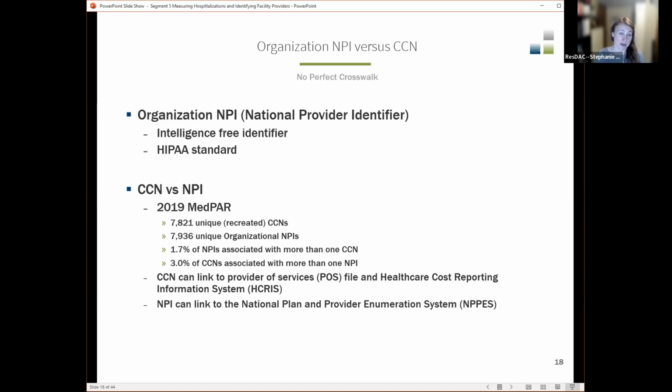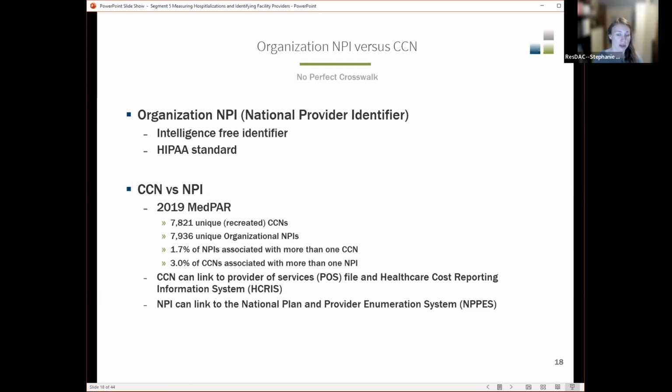Now, the provider numbers are also really useful, not just for maybe you want to aggregate by provider, but you can get more provider information. The CCN can link to a lot of different CMS resources. So the provider of services file, which can give you information based on their surveys. So what is the bed size, that sort of thing. It also can link to the hospital cost reports.